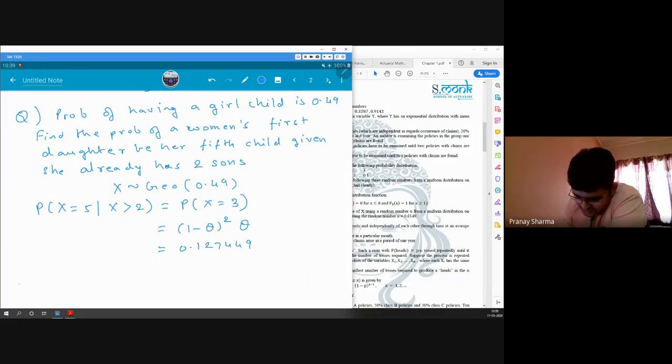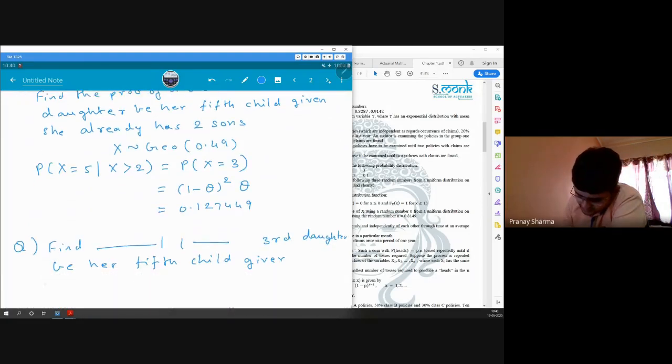So if I use the same question, the probability of having a girl child is this much, find the probability of a woman's third daughter being her fifth child, given she already has two daughters.